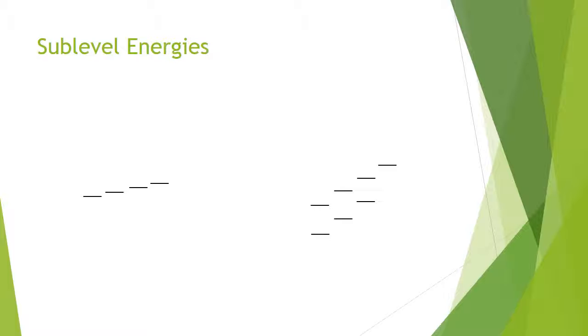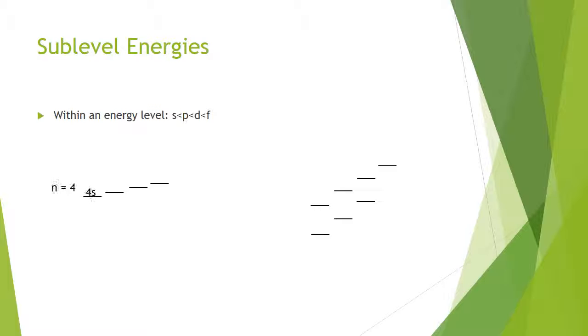Alright, so the thing about these sublevels is, even though on the previous slide I'm kind of showing them all as being equal energies, they're really not. Within any energy level, the energies always go in the same order, S, P, D, and then F. Now obviously if you don't have all those sublevels, then you just leave them out.